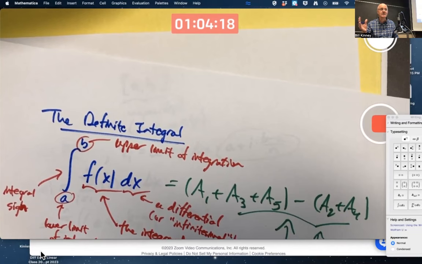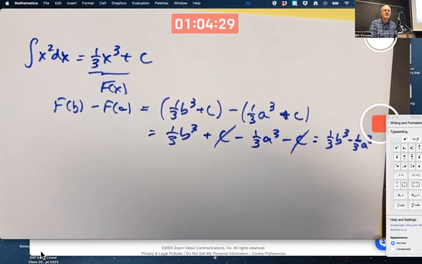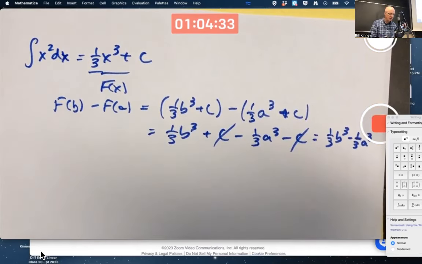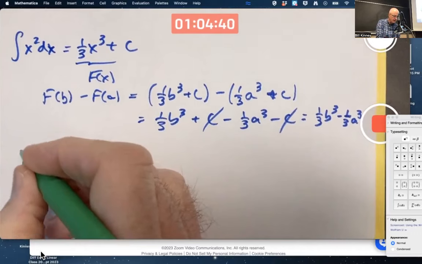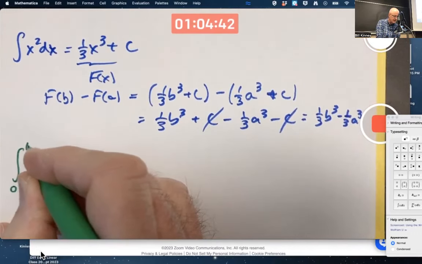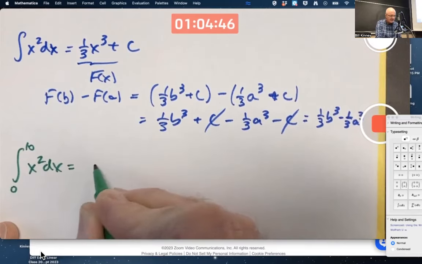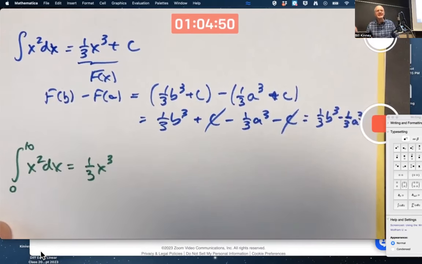Just use an antiderivative. The c doesn't matter, and so we could just use c equals 0. And that's the most common thing people do. The most common way to show work for the definite integral from 0 to 10 of x squared dx is to write an antiderivative, 1/3 x cubed, plus c, but take the c to be 0.